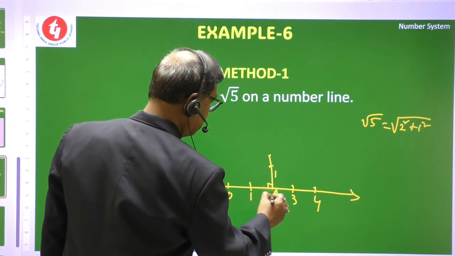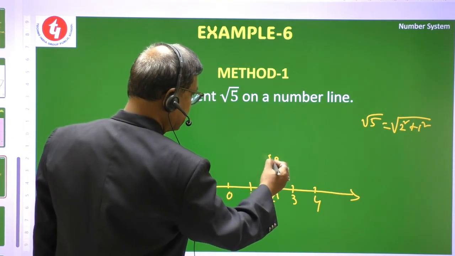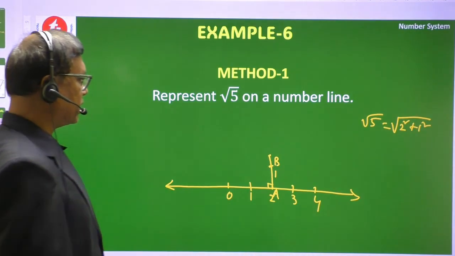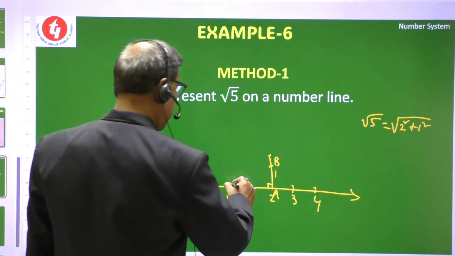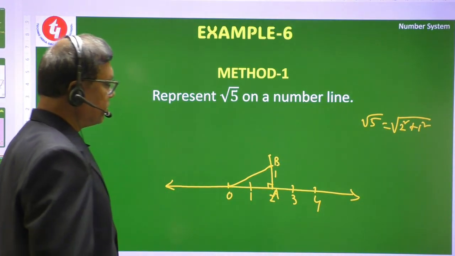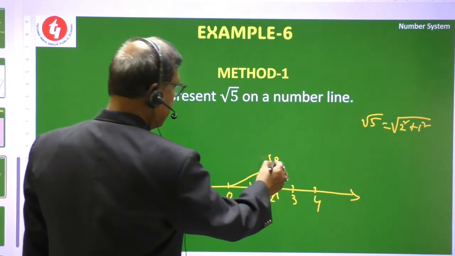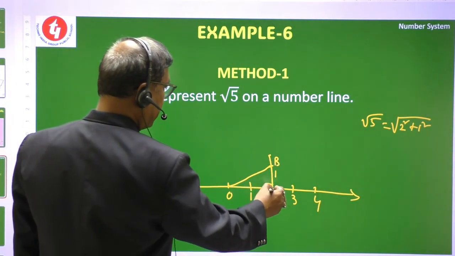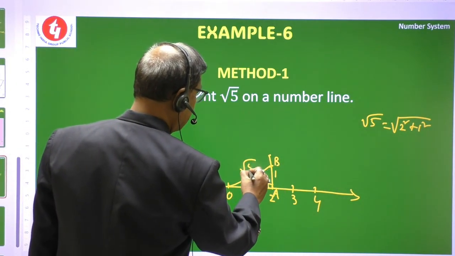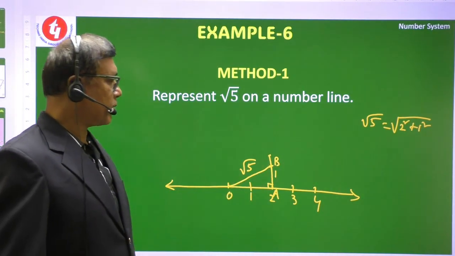If I mark this as A, OA is 2 units, and if I mark this as B, AB is 1 unit. Now if we join OB, this will be the hypotenuse of the right angle triangle OAB. Then what will be the length OB? Applying Pythagoras theorem we get root over 5, yes or no? Root over of 2 square plus 1 square, root over 5.